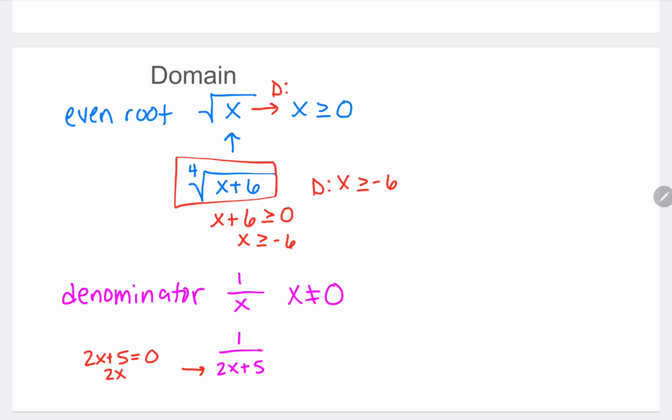So when I solve this equation, I get negative 5 halves would make the denominator 0. So x can be anything except negative 5 halves. So that would be my domain. So two things you're looking for that limit the domain: even roots and denominators. Anything else, and your domain is just all real numbers.